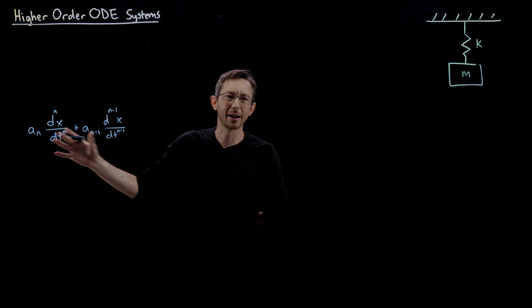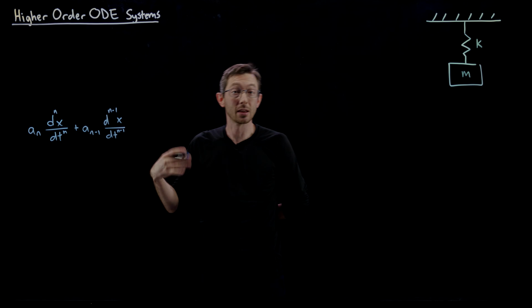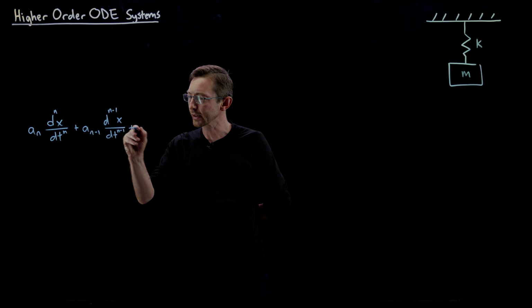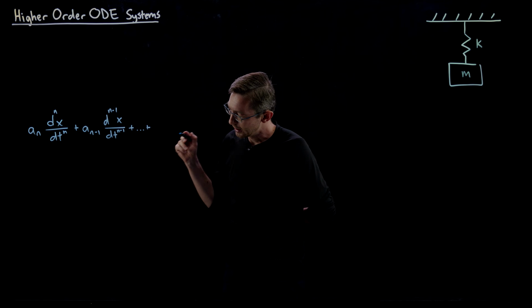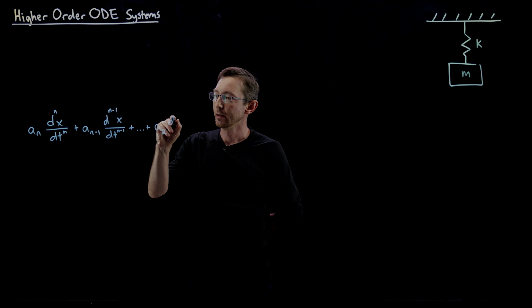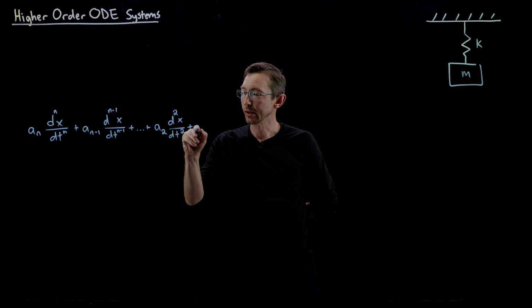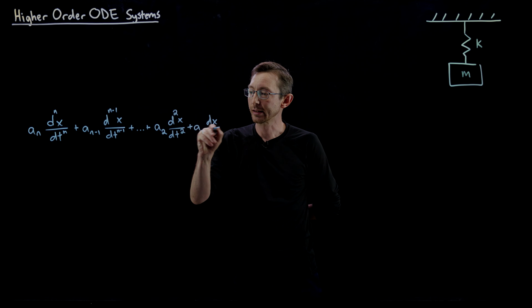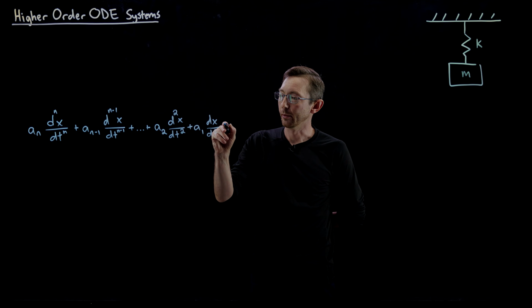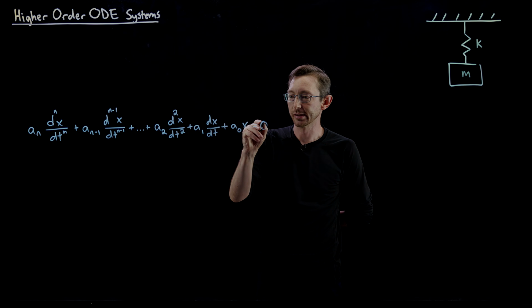I'm just going to write out the generic nth order, higher order ordinary differential equation, and then we'll analyze it. Plus dot dot dot plus, and then at some point I have a2 d²x/dt², that's the second derivative with respect to time, plus a1 dx/dt, plus a0 x equals 0.